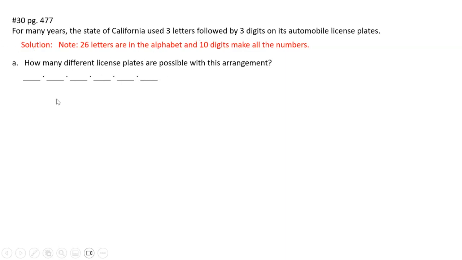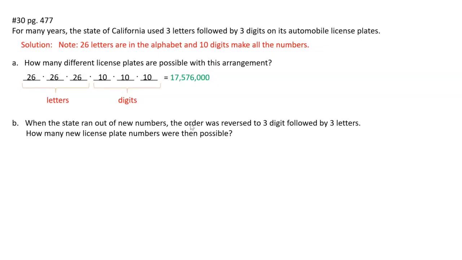So my first 3 are letters, and my second 3 are digits. How many letters can go on the first slot? 26, 26, and 26, because there's no restriction. On the second one, 10, 10, and 10. You multiply them out, you're going to get 17,576,000.